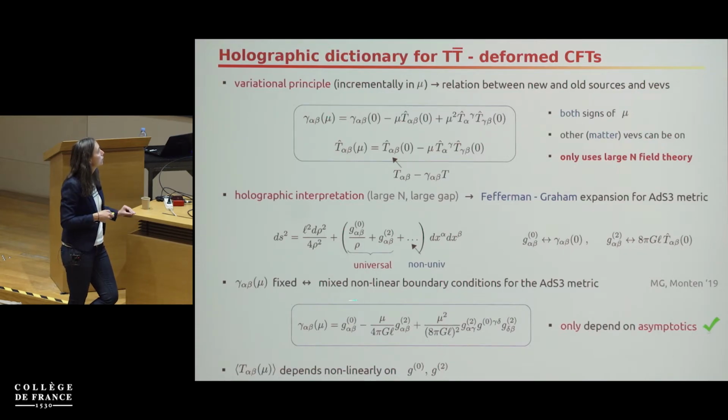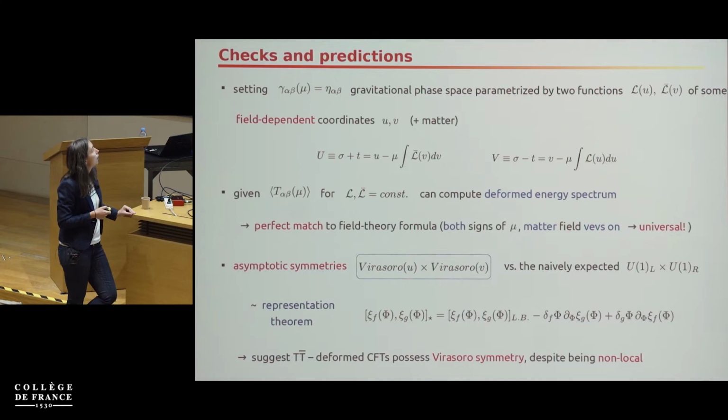So we plug this into here, and we find that the TT bar deformation corresponds to some mixed nonlinear boundary conditions for the AdS3 metric. We keep this combination, which just descends from here with those plugged in, fixed. And then you can plug these into here to get the expression for the stress tensor vev. It's some ugly nonlinear expression. Okay, so this is the holographic dictionary.